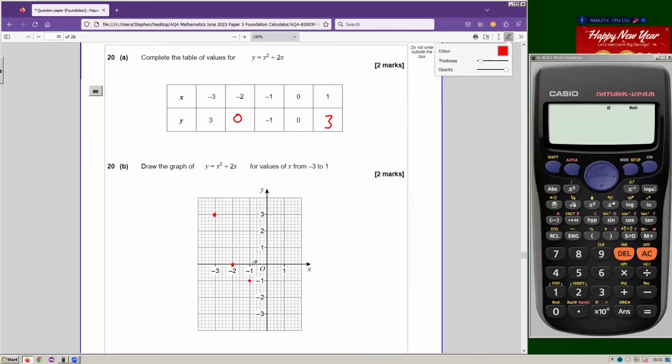So we're going x -1, function x -1 or y. And then we go back up to 0, 0, 0 on the axes there, and 1, 3. And we just do our best curve we can. Nice little quadratic.